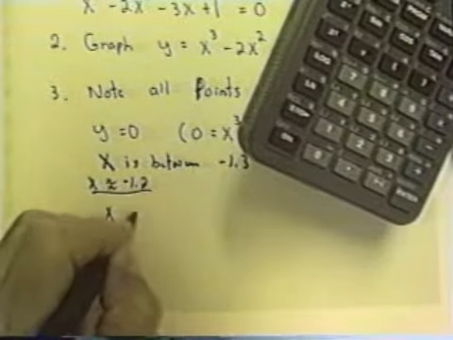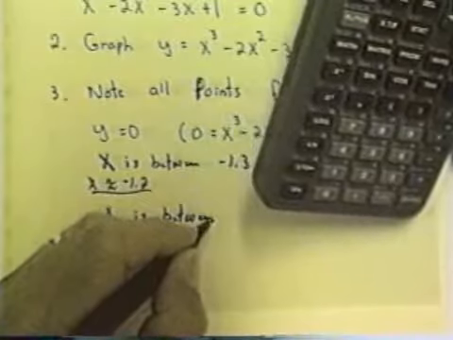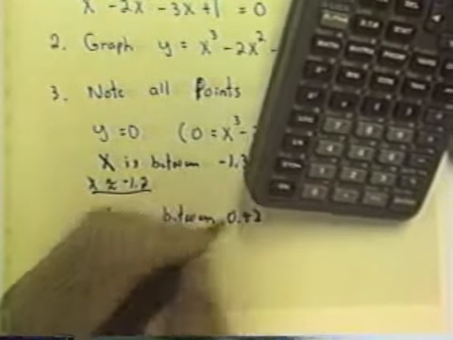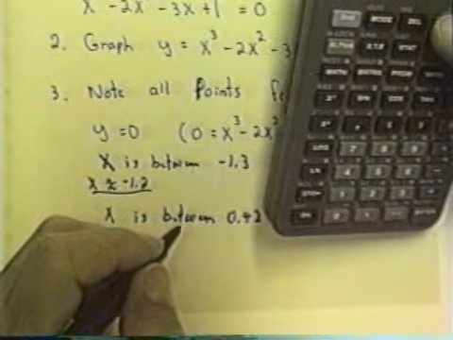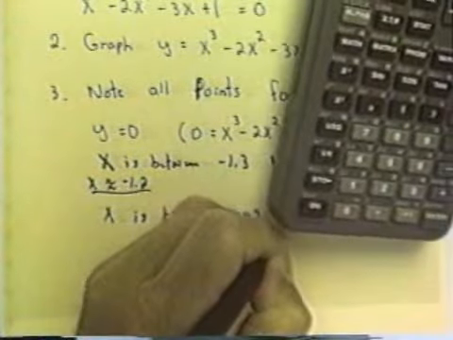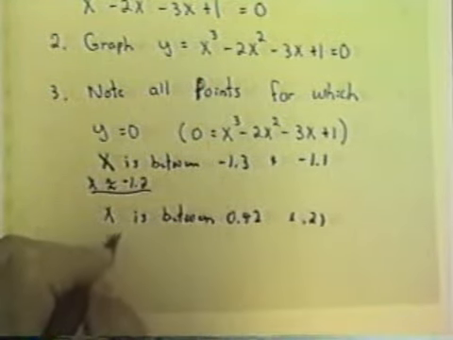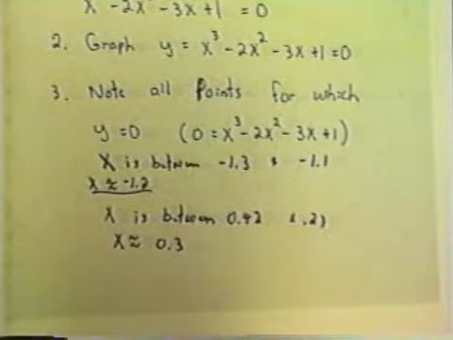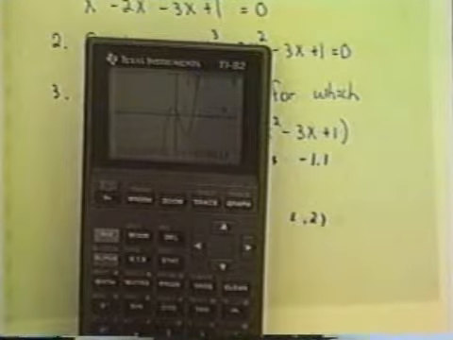So here x is between 0.42, and if I back it up, I get y equal to 0.28, which is positive, and 0.21. So we guess that x is approximately 0.3. We're just making guesses now. I'm just trying to show you how to do that.